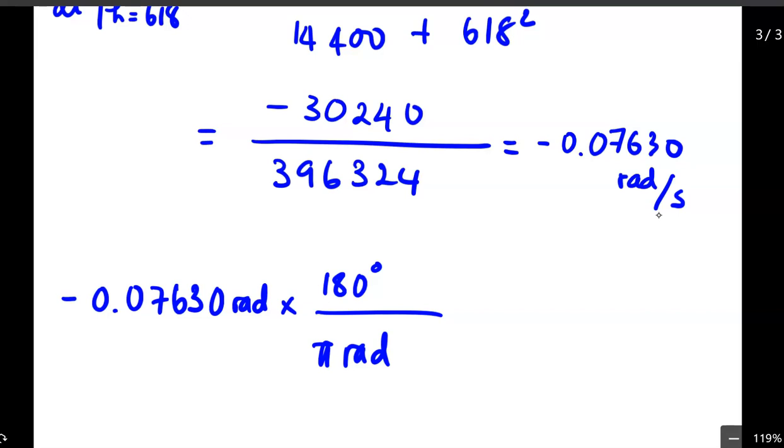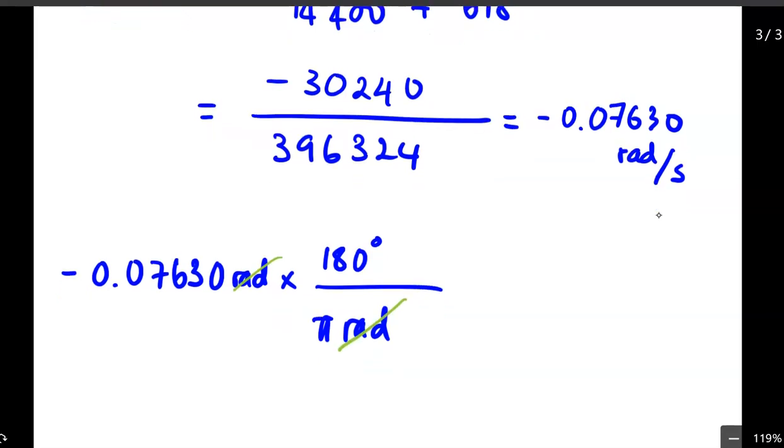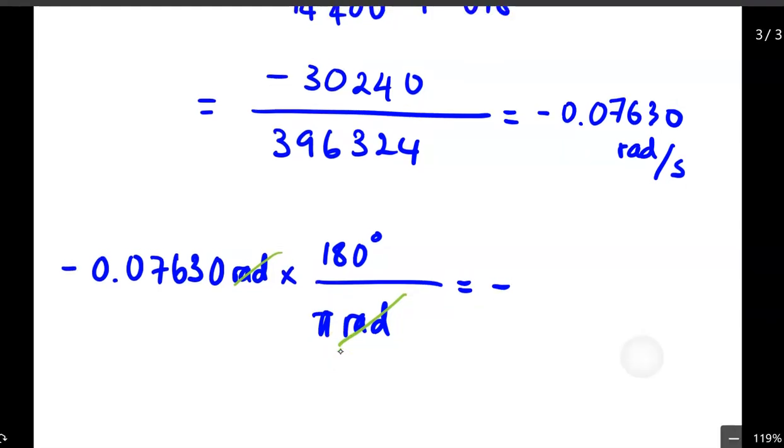So you see now this radian cancels out, and I will have degree per second in a minute. So take this number, multiply by 180 divided by pi, then round to 3 significant digits. I should have the answer as negative 4.37 degree per second.